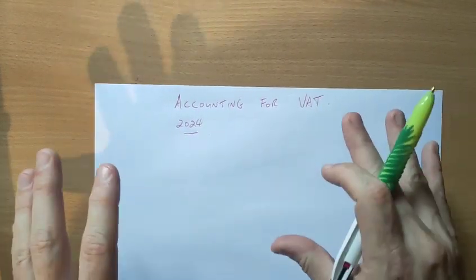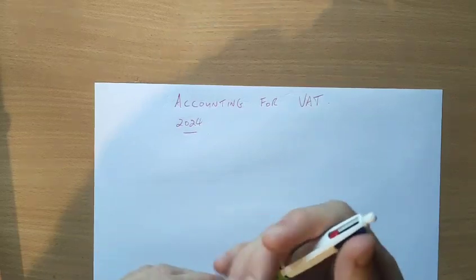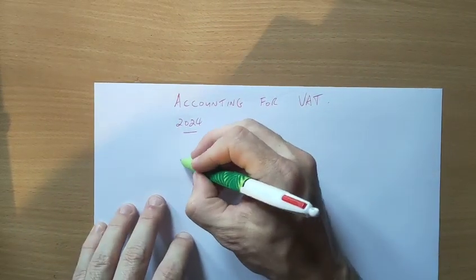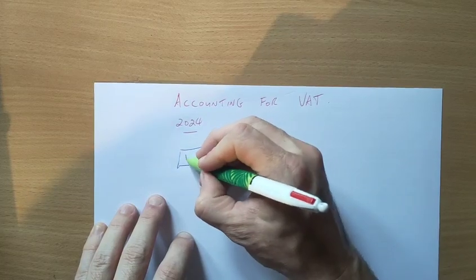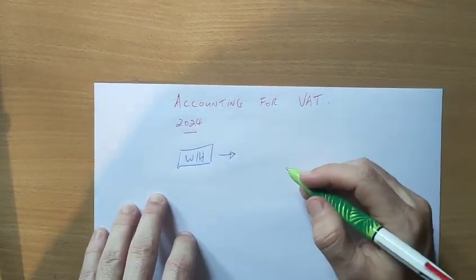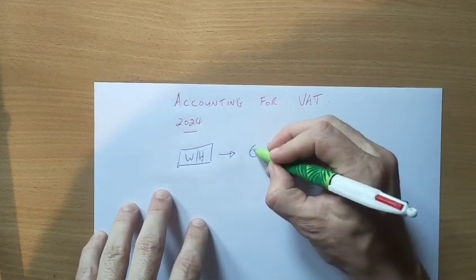What could happen is a company has bought or built a new warehouse. So you'd have maybe the warehouse here, and the warehouse could be roughly worth 180,000, we'll say.